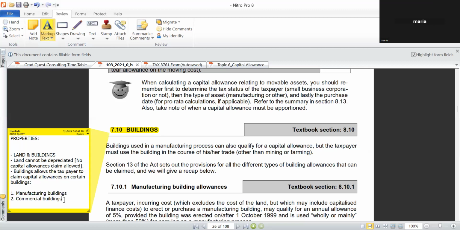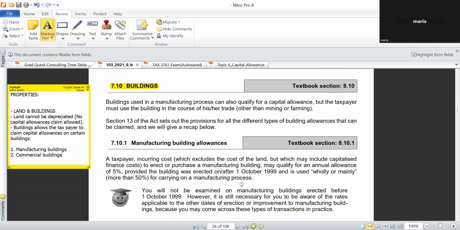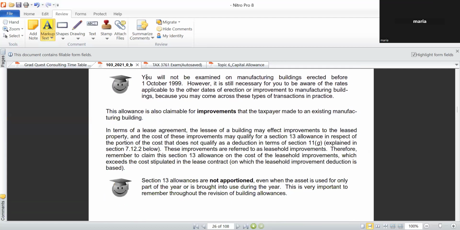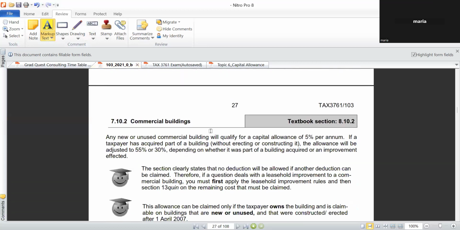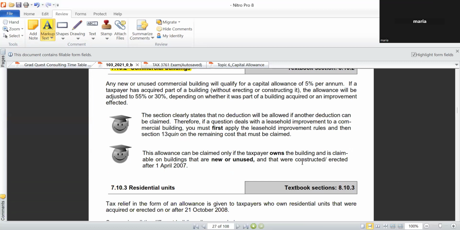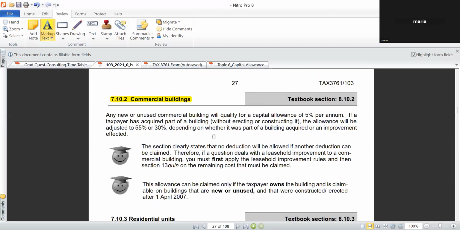Then there's what we call commercial buildings. Just to show you, 7.10.1 has an explanation about the provisions of manufacturing buildings, which I'm going to deal with just now. Then in 7.10.2 in your study material, they touch on commercial buildings.